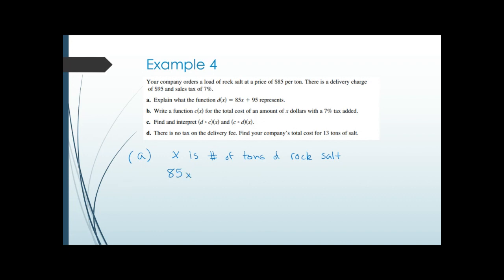So 85x is the price of the rock salt. $95 is the delivery charge. And so our function d of x is basically taking the price of the rock salt plus the delivery charge, so it's giving us the total charge after delivery.